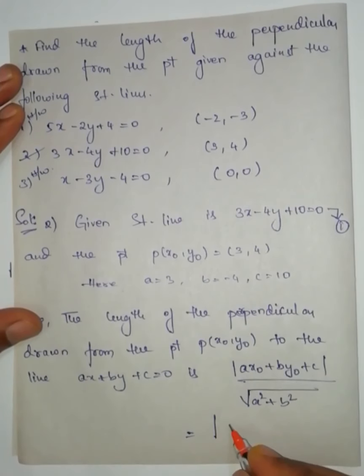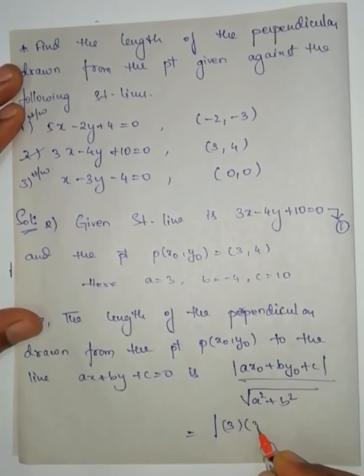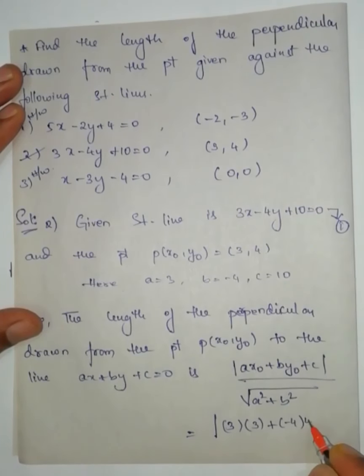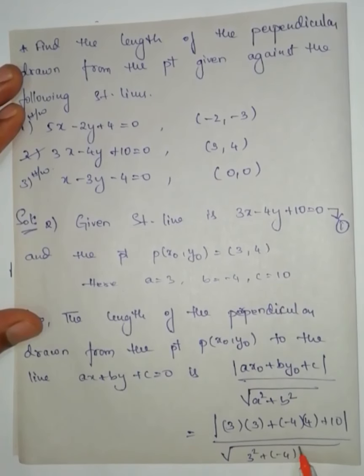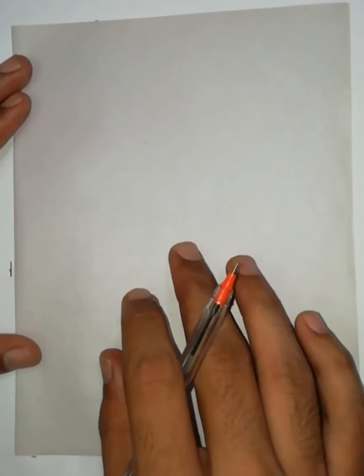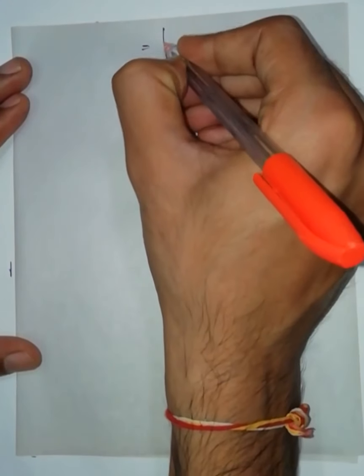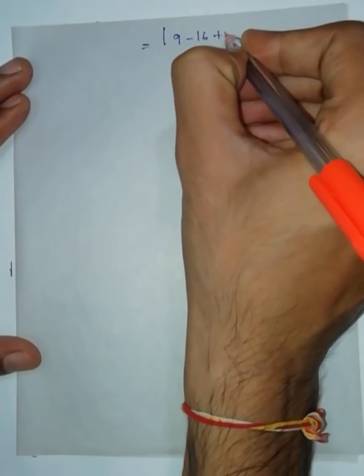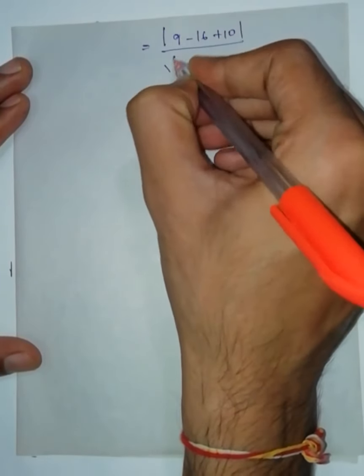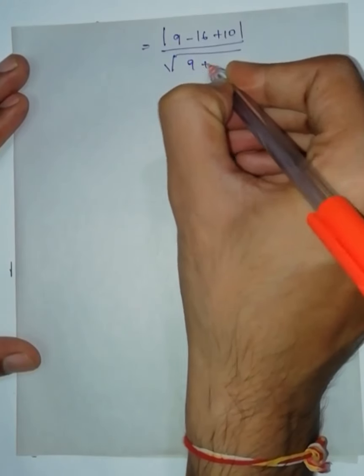Which is nothing but modulus of, what is a? 3. X naught is 3 plus minus 4 into y naught is 4 plus 10 by under root 3 square plus minus 4 square, which is nothing but modulus of 9 minus 16 plus 10 by under root 9 plus 16.